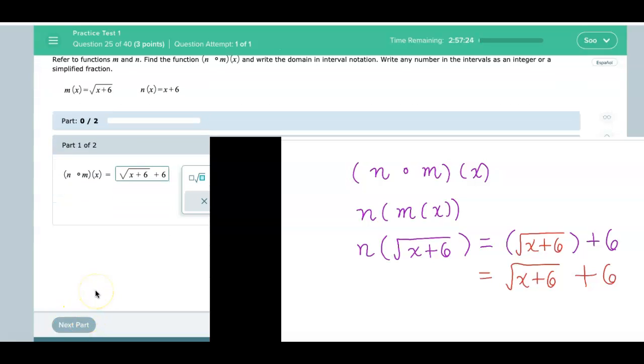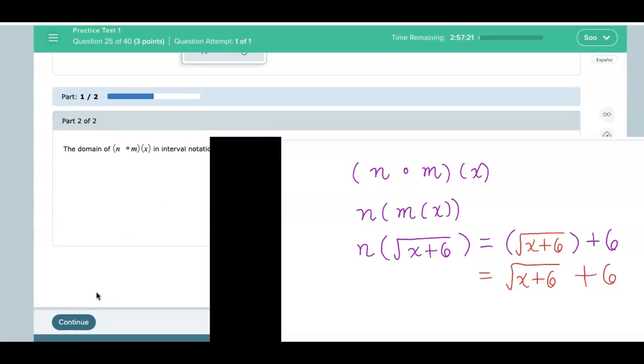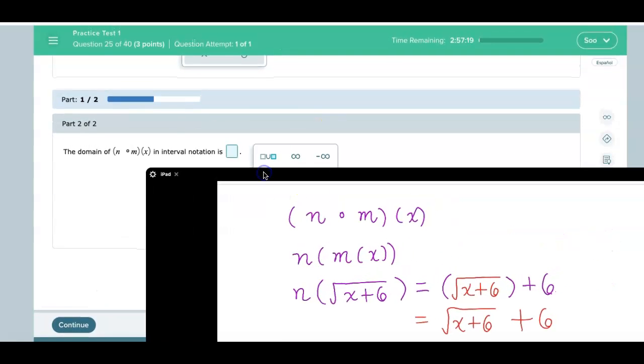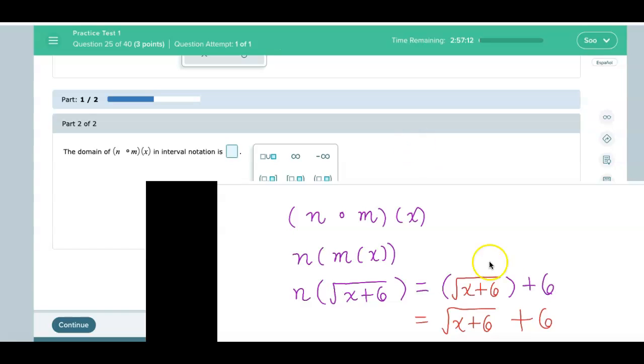And the next part, hopefully they ask you for the domain. All right, let's do the domain of this function. And this one, we have to be very careful, okay? When we are considering the domain of this function, we not only need to look at the end of it.